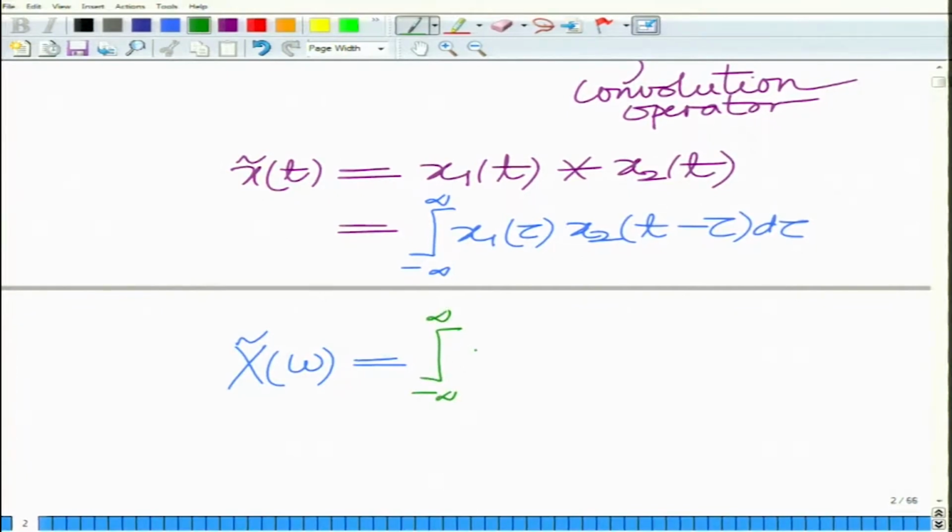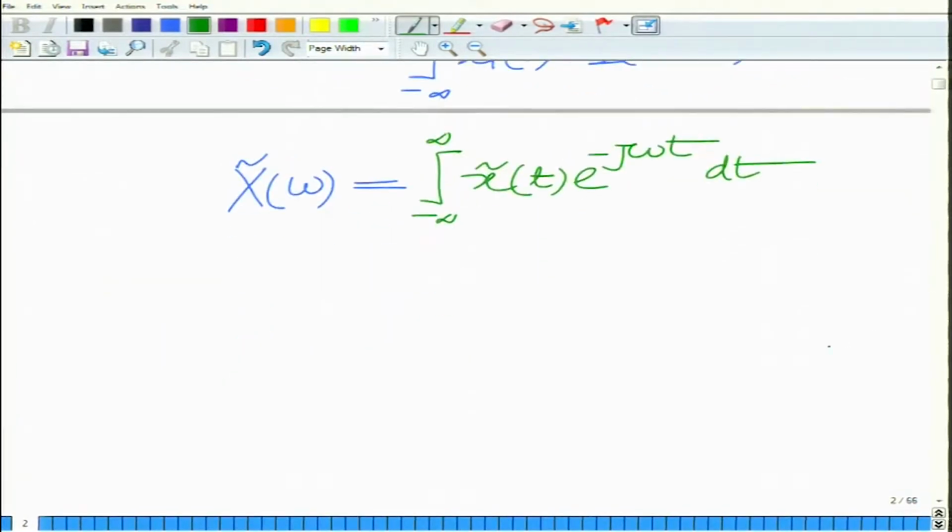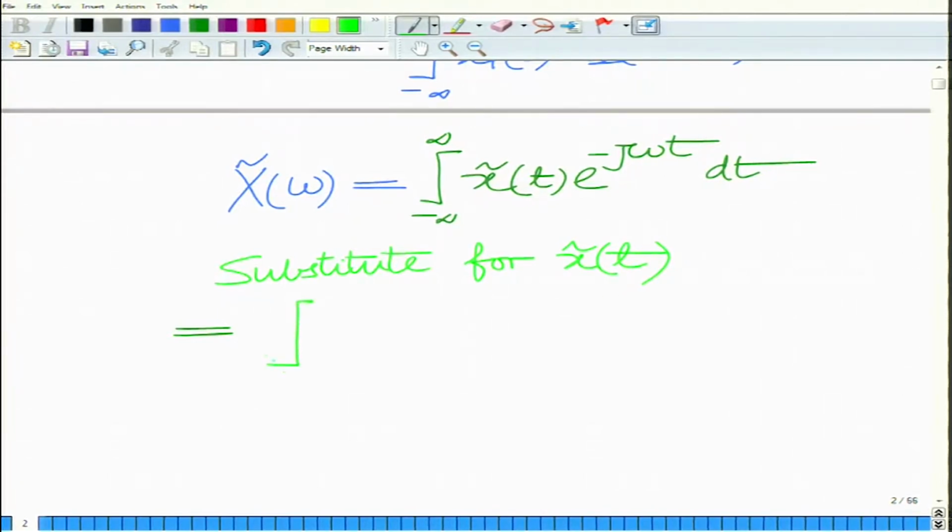of x tilde t e raised to minus j omega t dt. Now substitute for x tilde t from above. This will be the double integral from minus infinity to infinity, where I am first substituting for x tilde t.